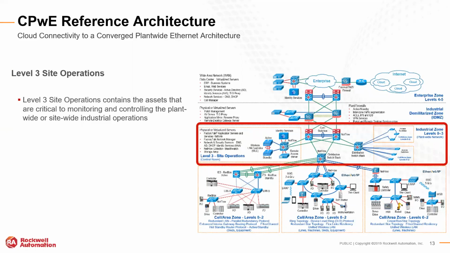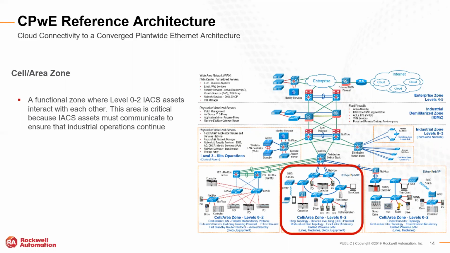As I said, level 3 would be the operations area, so a lot of critical monitoring takes place on that level of the plant floor. A lot of those places are where you'll have your core switches and some distribution switches, as well as a lot of your FactoryTalk applications, and your application servers will live on that operations side as well.